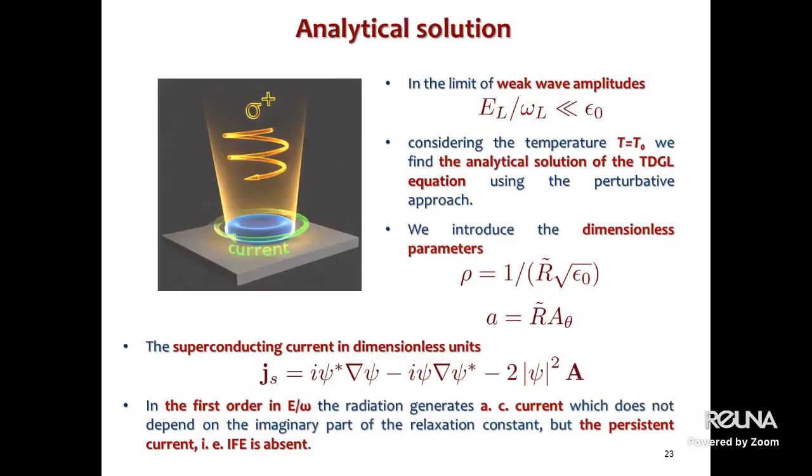That means there is no DC, there is no persistent current. So in the first approximation, we induce only alternating current. That means we need to go to the next level of perturbation.